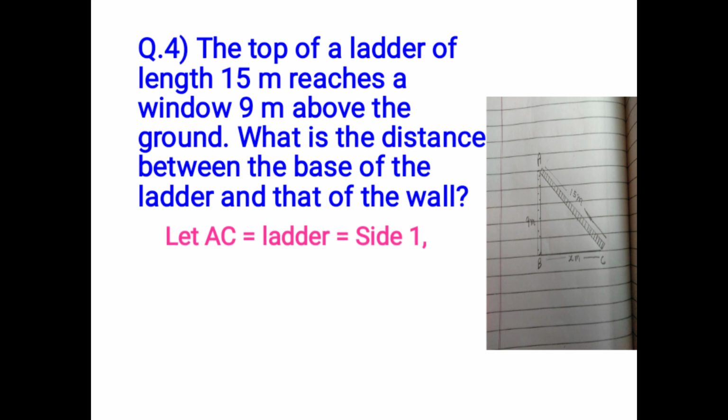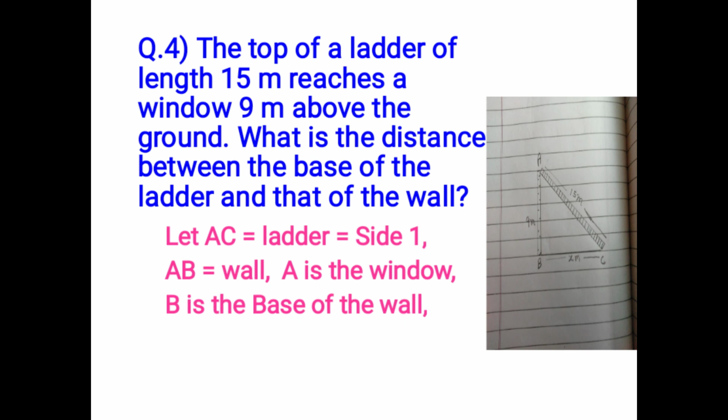So this is hypotenuse. Angle B is 90 degree. Side opposite to the 90 degrees, segment AC, is hypotenuse. The ladder is hypotenuse. AB is equal to 9, this is the wall. This A is the window. B is the base of the wall.